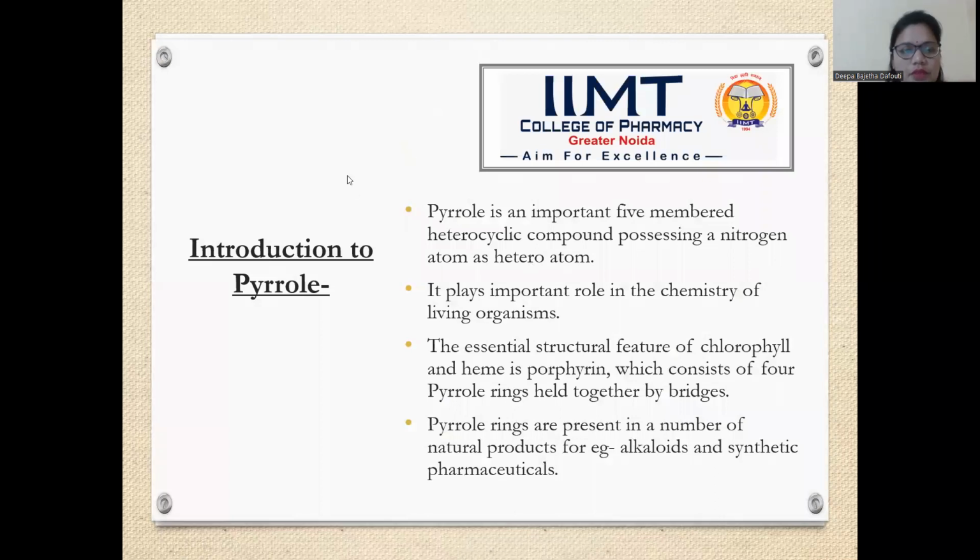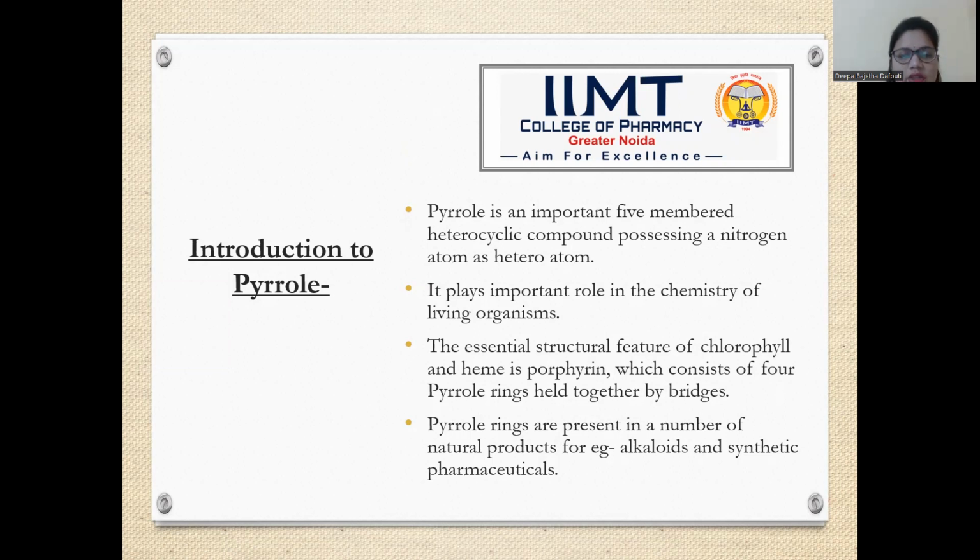So next is introduction to pyrrole. What is pyrrole? Pyrrole is an important 5-membered heterocyclic compound possessing a nitrogen atom as a heteroatom. It plays an important role in the chemistry of living organisms.